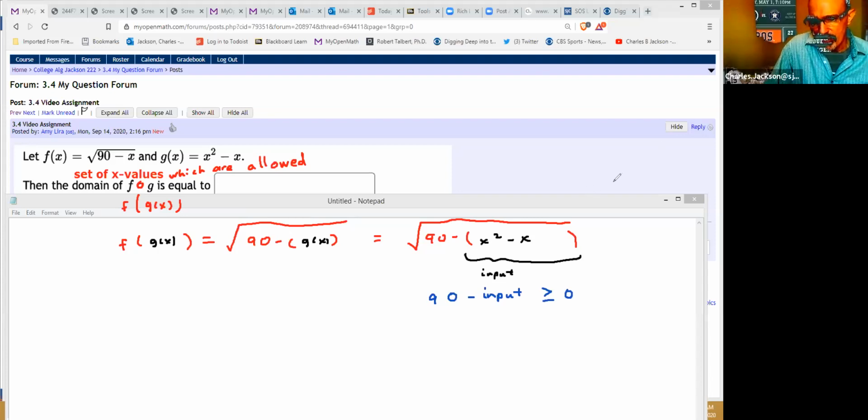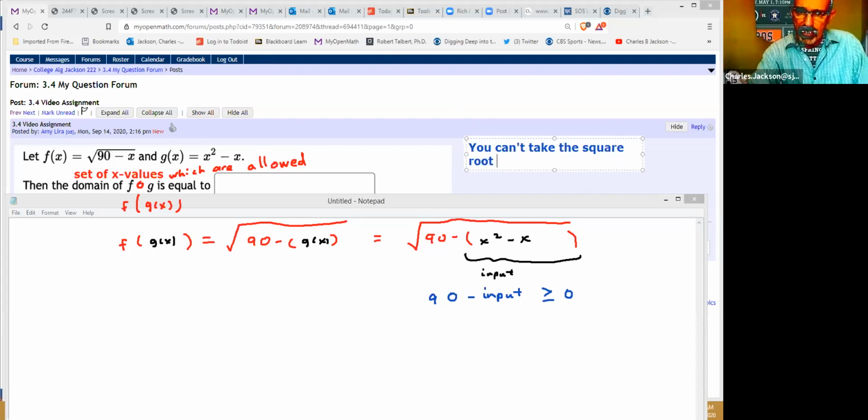Because of the square root. It's the radicand of a square root. You can't take the square root of a negative.